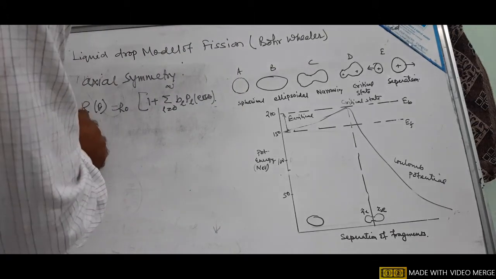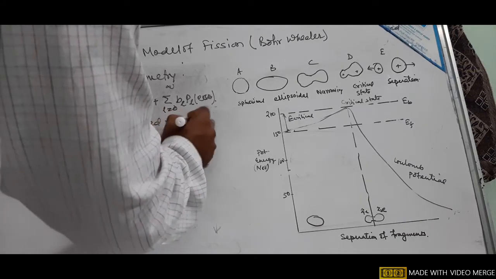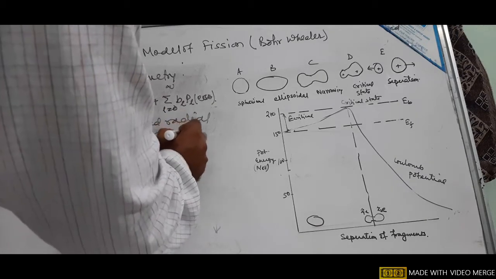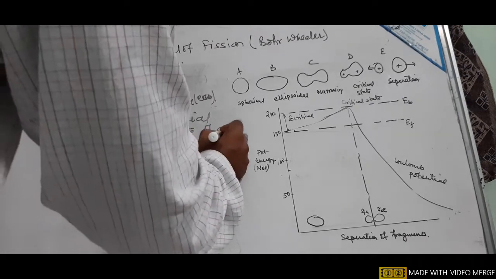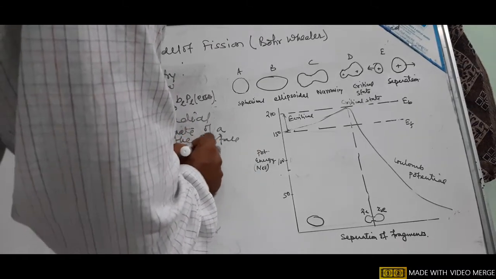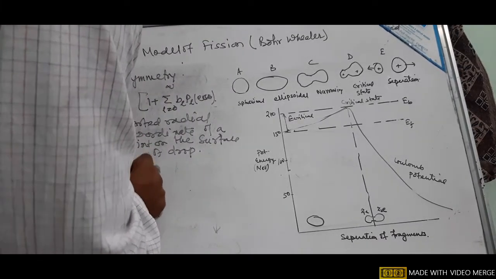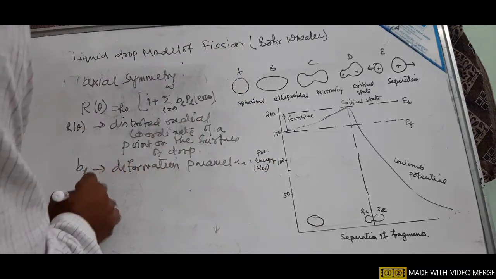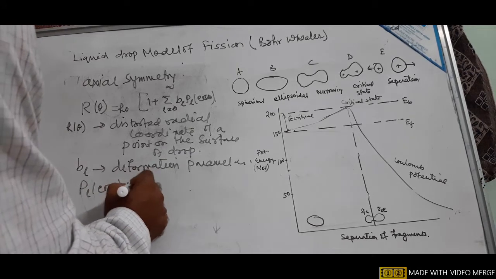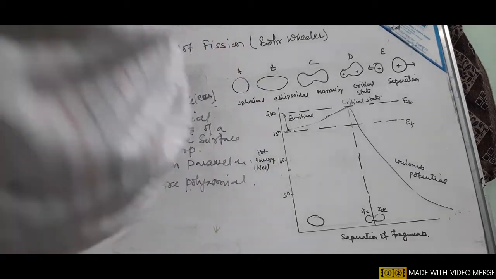Where r(theta) is the distorted radial coordinate of a point on the surface of the drop, BL is the deformation parameter, and PL cos theta is the Legendre polynomial.